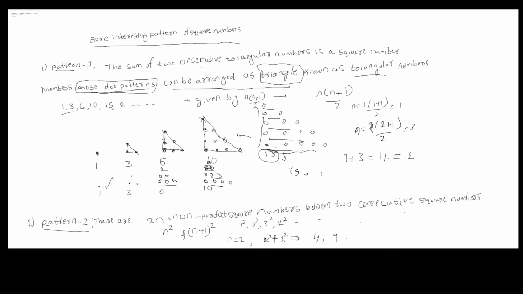Yes, of course. Next, if you take 15 and 21, of course 15 plus 21 is equal to 36. Is it a square number? Yes, this is a square number. This is the interesting property.